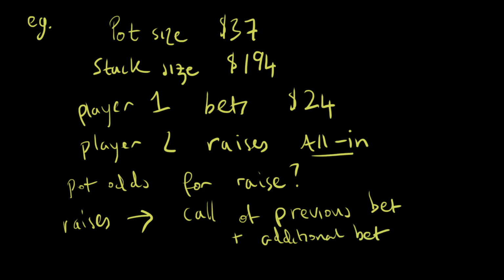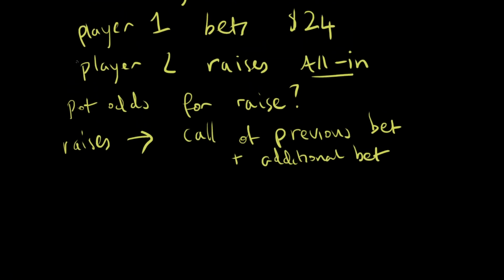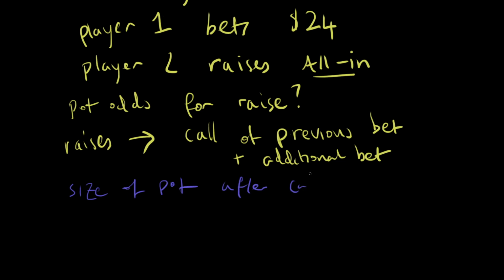When we use this information, we need to figure out what the size of the pot is after we call the bet. Because the raise, once again, is two components: the call of the previous bet plus an additional bet. So the size of the pot after we call the bet.